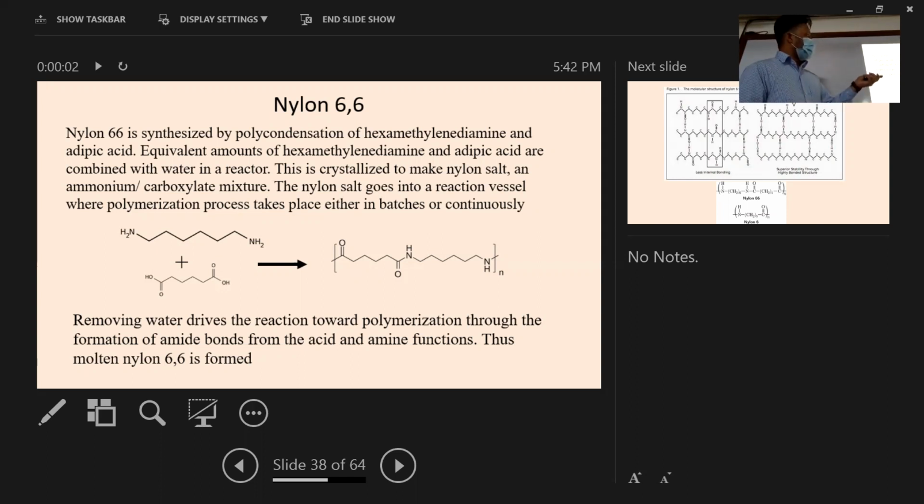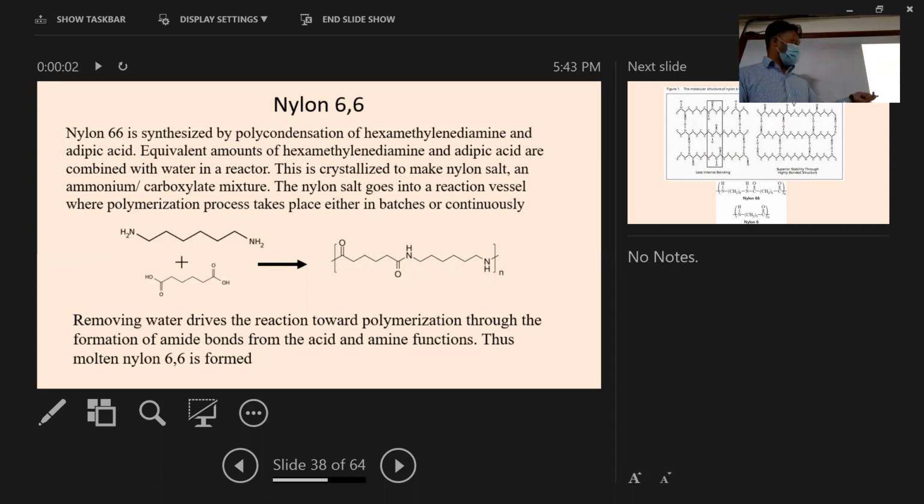This is crystallized to make the nylon salt, an ammonium carboxylate mixture, as it is known. This is the diamine and this is the acid, so this can act as a base. Any amine is considered a base or alkali, and this is directly an acid, adipic acid.